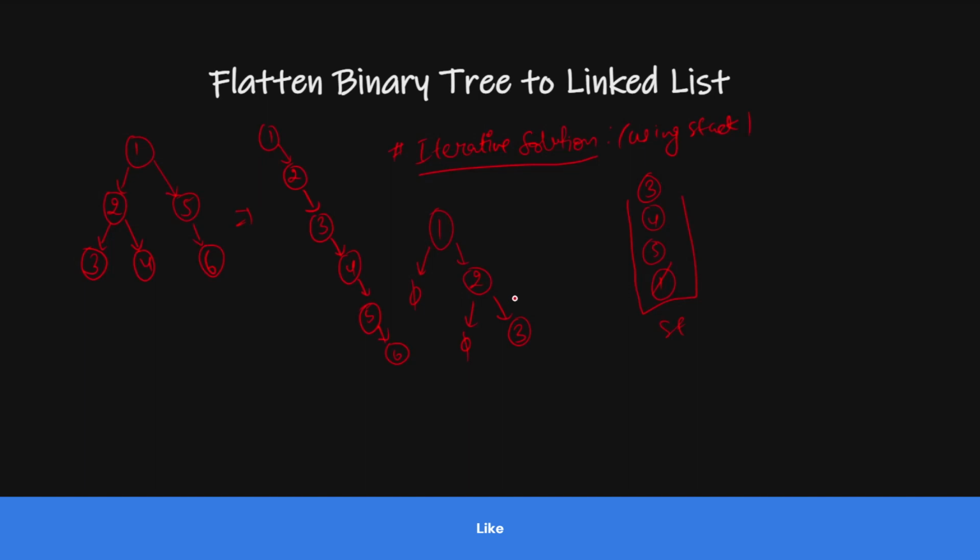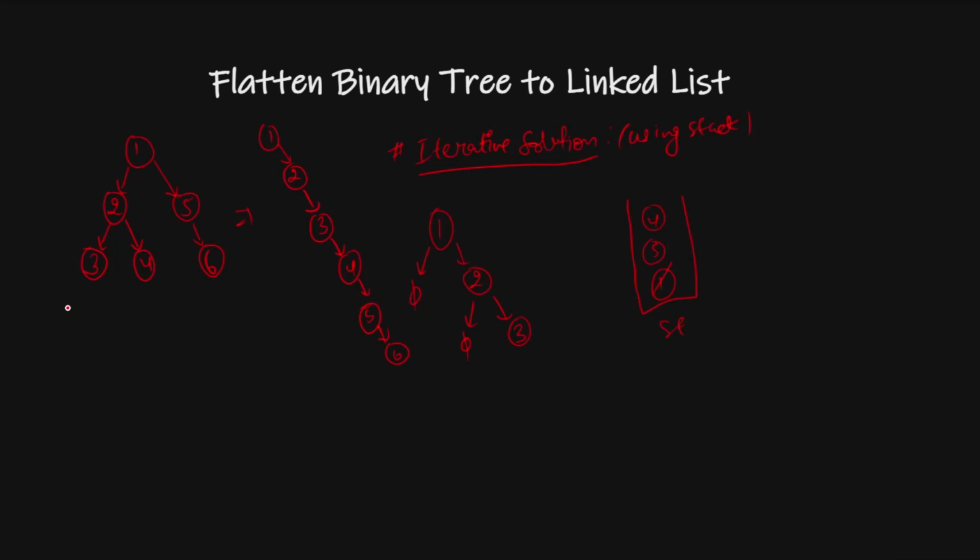Once I make this, I will again pop, and after popping, left is null so I will not add, and right is also null so I will not add. So I will make its left null and its right will be the current top, which is 4. After making this, I will pop this 4.